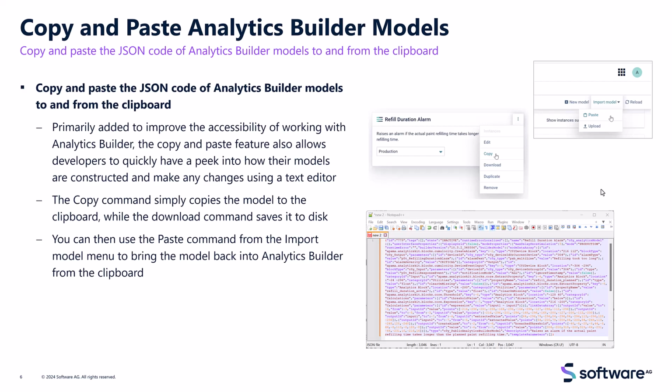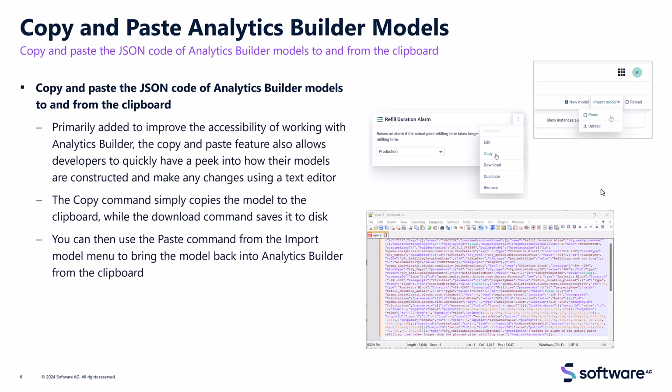There's a new addition for Analytics Builder primarily to help with accessibility. If you are struggling to read an Analytics Builder model visually on the screen, then you can copy and paste the JSON code to a clipboard and then view that in a notepad, text editor or JSON editor, and then you can have your favorite screen reader or your favorite tools to modify or read that JSON code.